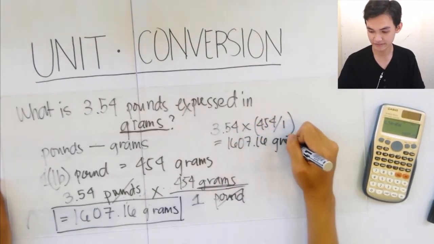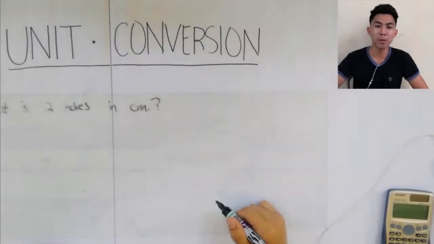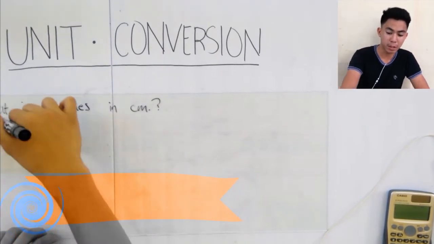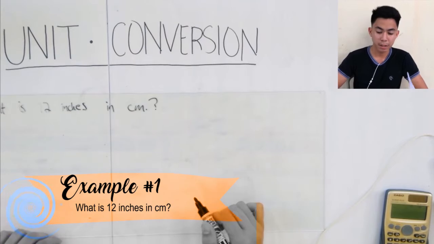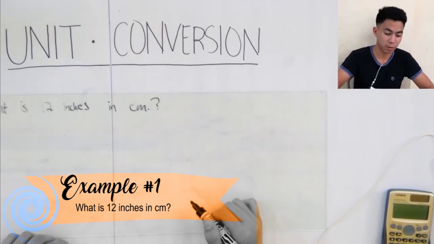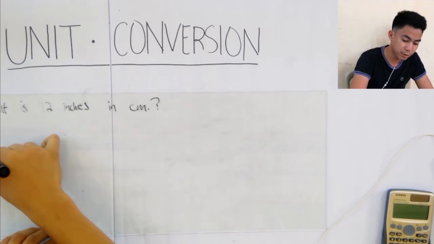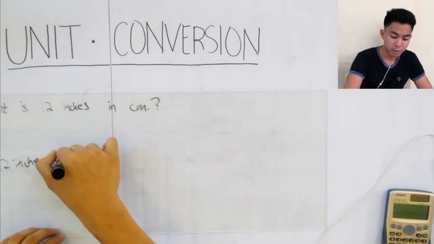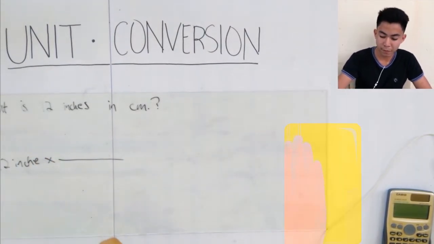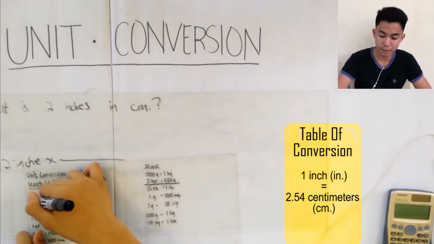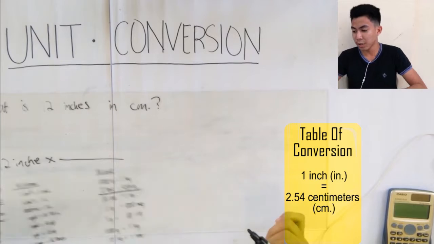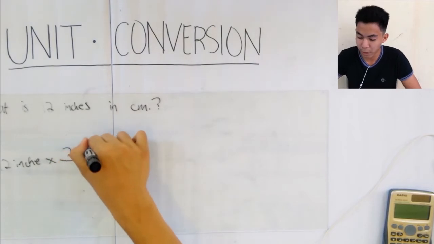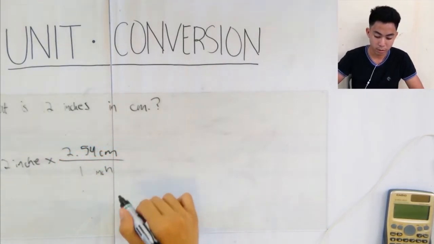Example number 2. First, analyze what is asked in the problem. The problem says, what is 12 inches in centimeters? So I will convert the 12 inches to centimeters using the unit conversion. First, copy the given 12 inches and multiply. The unit conversion for length is 1 inch is equivalent to 2.54 centimeters. So 1 inch and 2.54 centimeters.